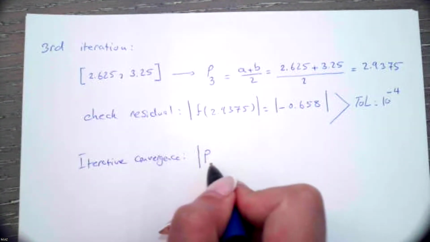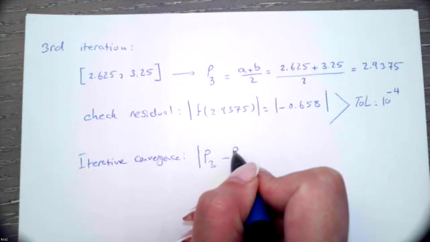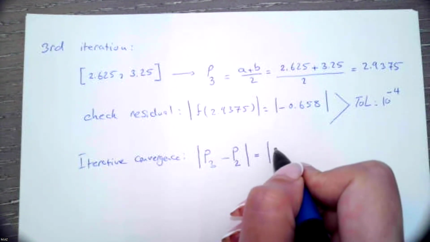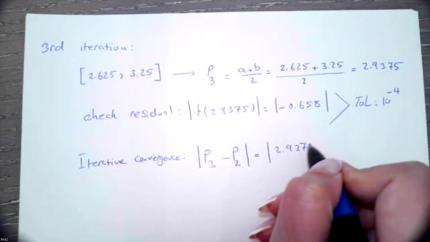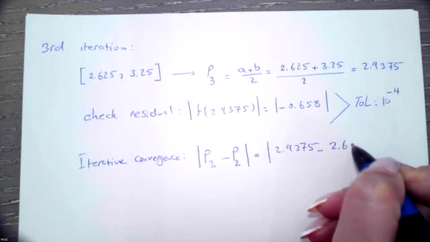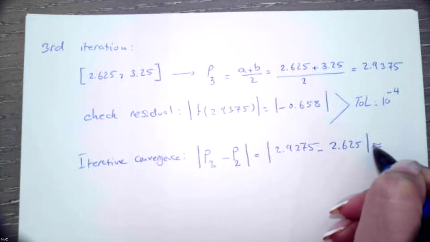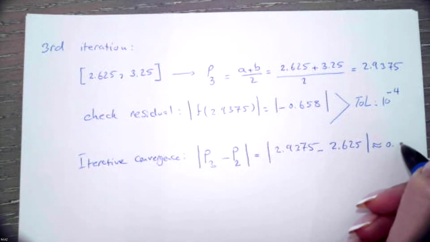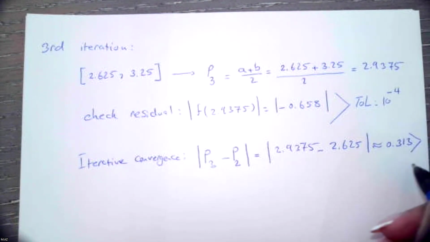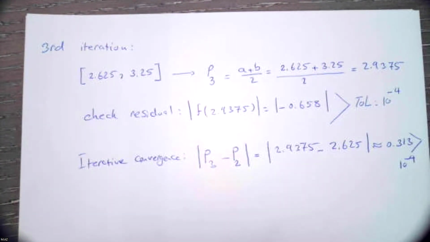Now we have P3 minus the midpoint for the second iteration: 2.9375 minus 2.625, which is approximately 0.330. Still, this is larger than the tolerance, okay? It means we have to go to the fourth iteration.